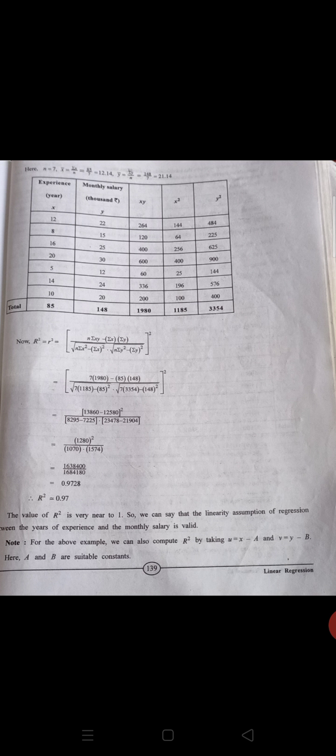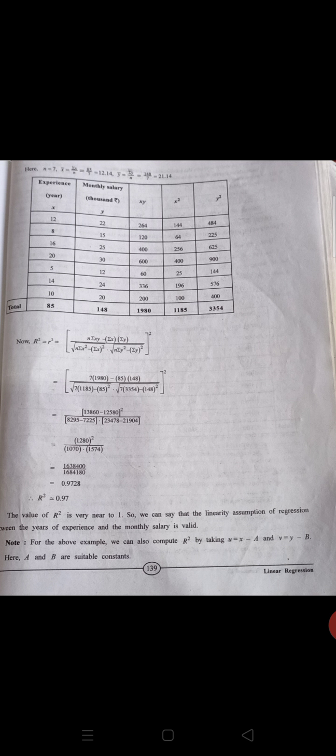Now the square of 1280 is 16,38,400, and the multiplication of 1070 into 1574 is 16,84,180. When we divide, the result is 0.9728.